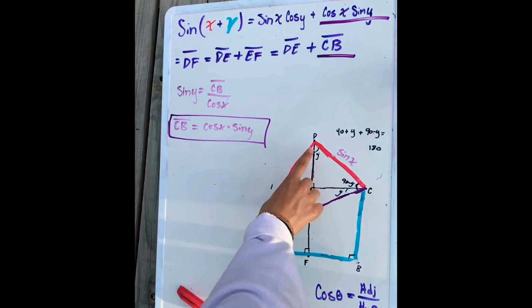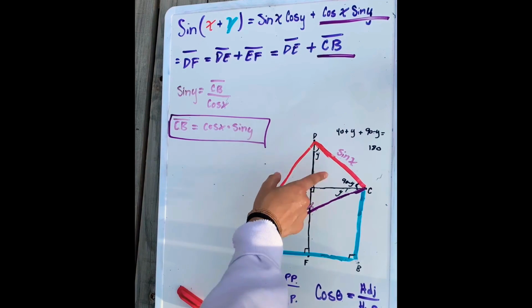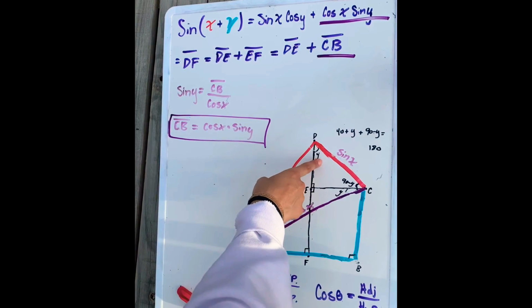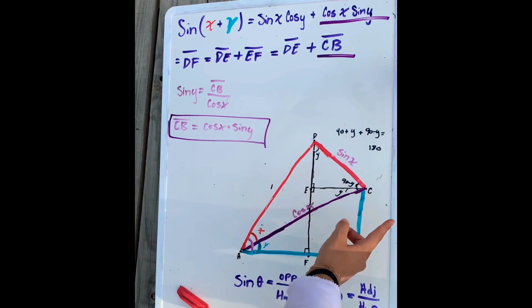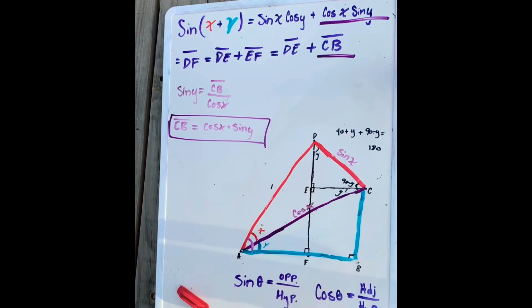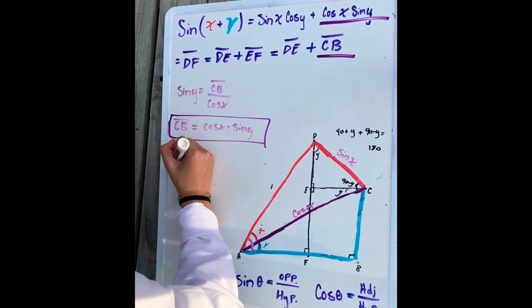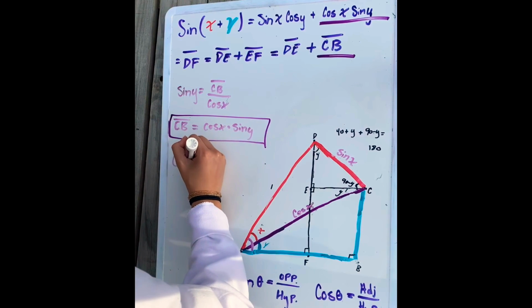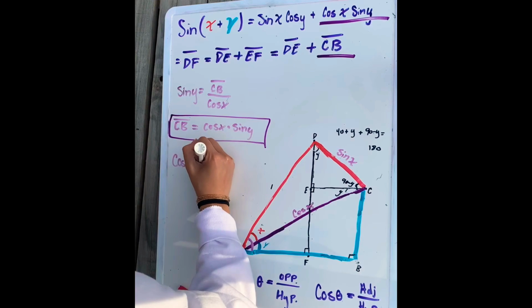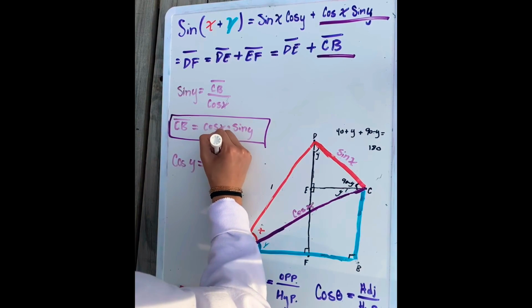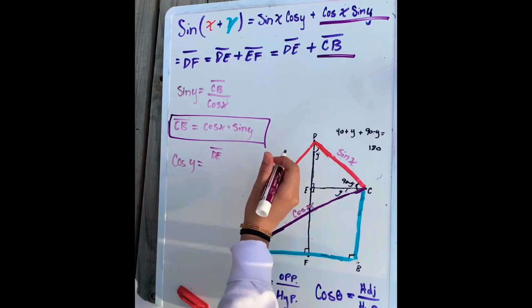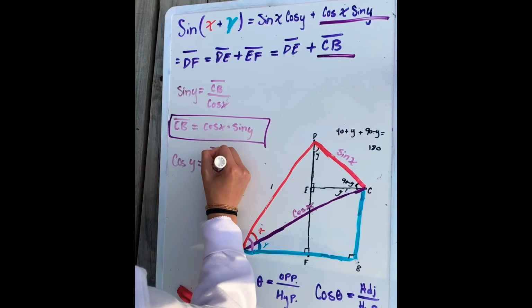Okay, so we're working with segment DE. DE is adjacent to y, and we also have a hypotenuse. So obviously we're going to use cosine. Cosine of y is equal to segment DE, our adjacent, over the hypotenuse, sine of x.